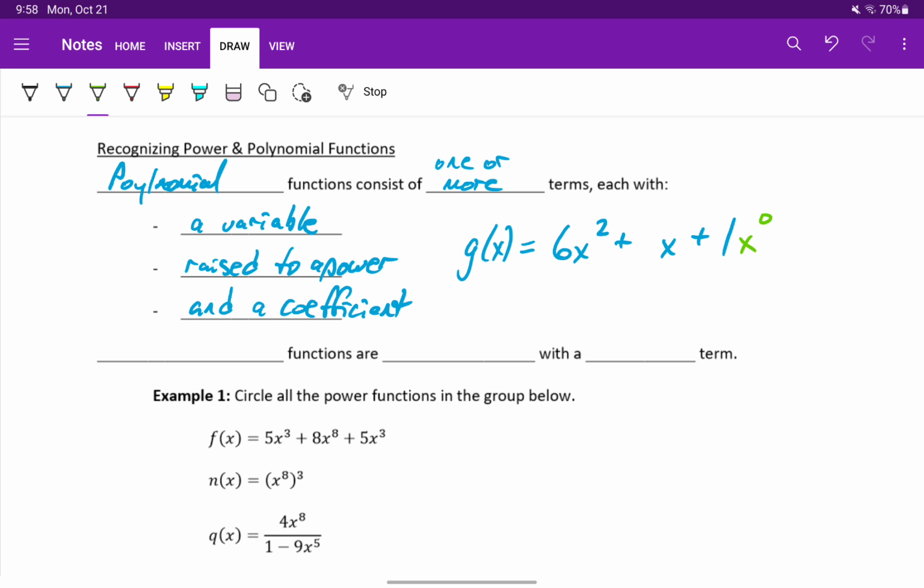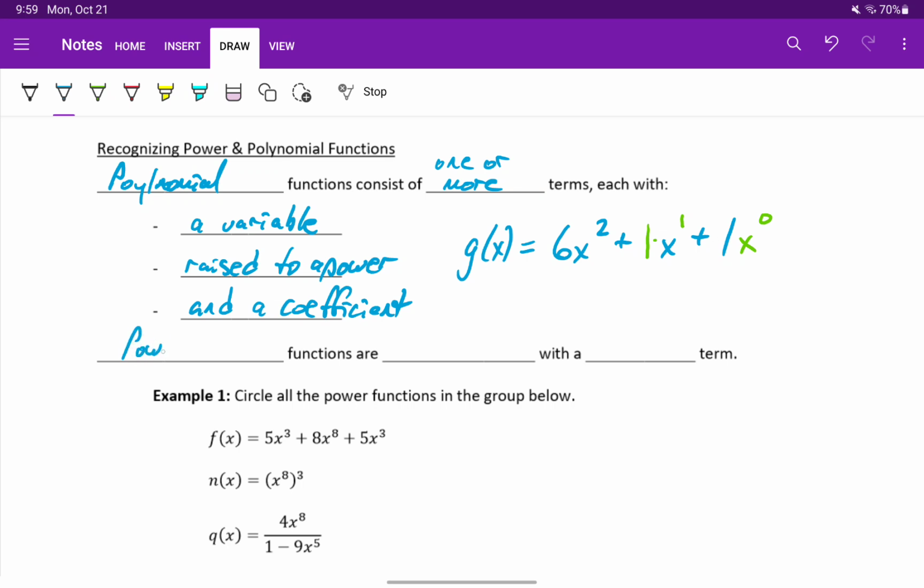Raised to a power, our second term, x isn't being raised to a power, but that's just because we don't write to the first power, since that doesn't change the value of a number. And a coefficient. Our second term is also missing a coefficient, but similar to how we don't write that exponent, we don't include 1 times a variable. So something can meet those characteristics even if it doesn't necessarily look that way, the way we write out functions.